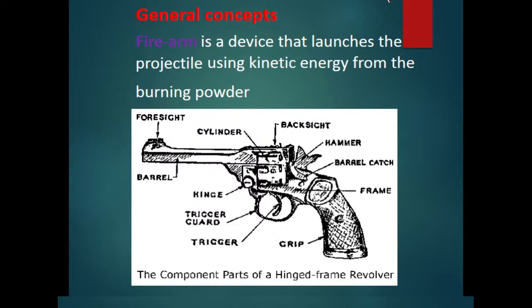First of all, we need to briefly discuss what a firearm weapon is. A firearm weapon is a device which launches a projectile using kinetic energy from a burning explosive like gunpowder.